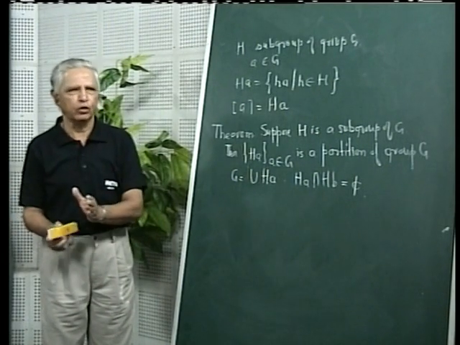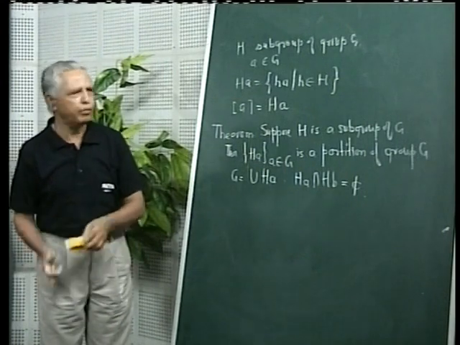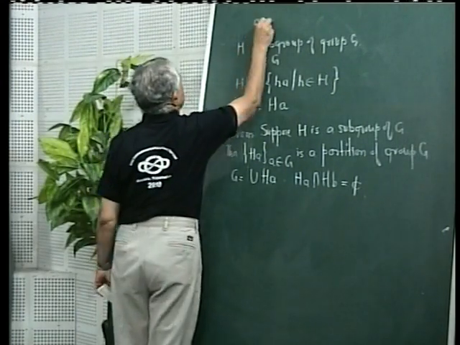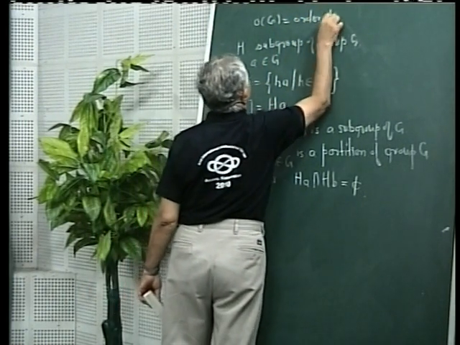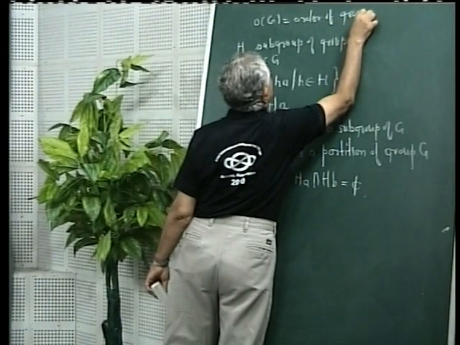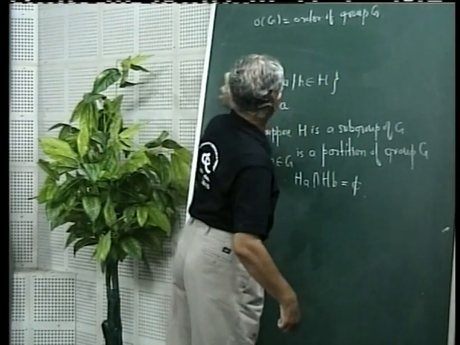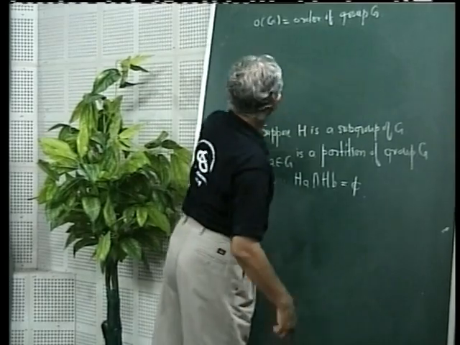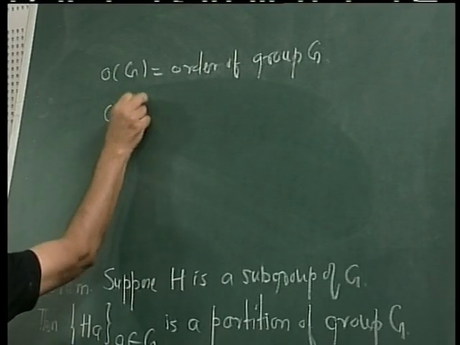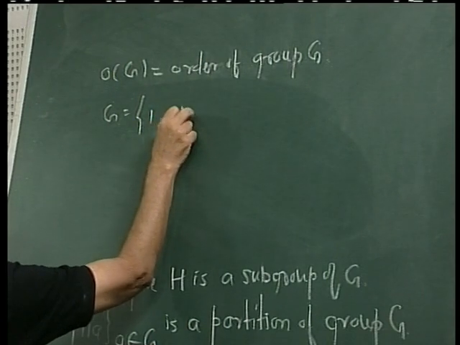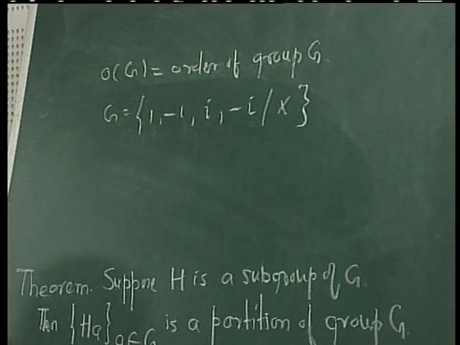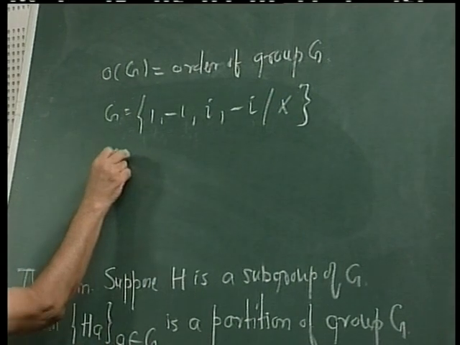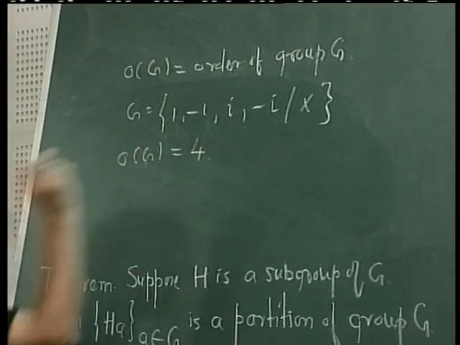If G is a finite group, then the number of elements in the group is denoted by O(G), and it is called the order of group G. Now, if we take the group G equal to {1, minus 1, i, minus i} under multiplication, this is a finite group and it has 4 elements, and that says that the order of this group G is equal to 4.